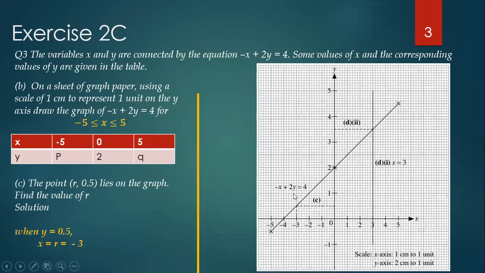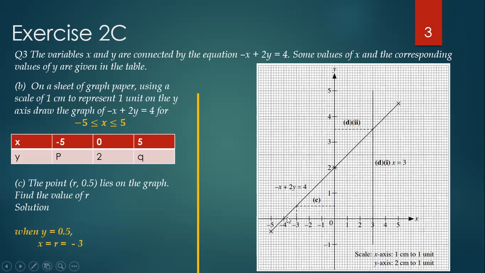If you see this whole line, and if the y coordinate is 0.5, can you see 0.5? This is our y-axis, and 0.5 is here. So where is it meeting the x-axis? It's meeting at minus 3.